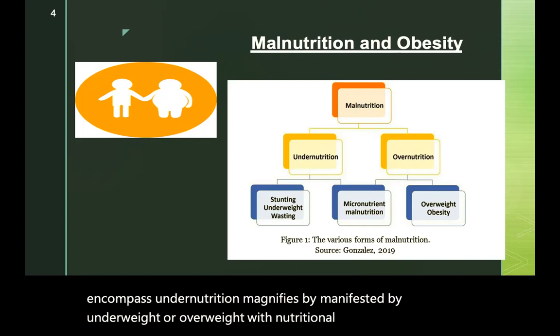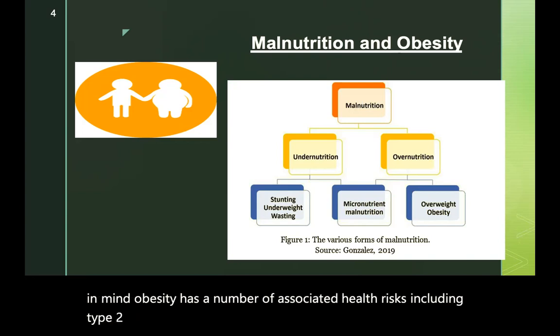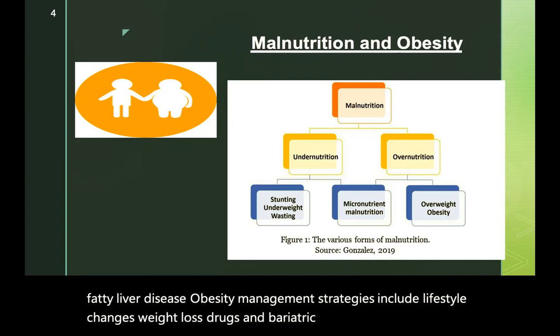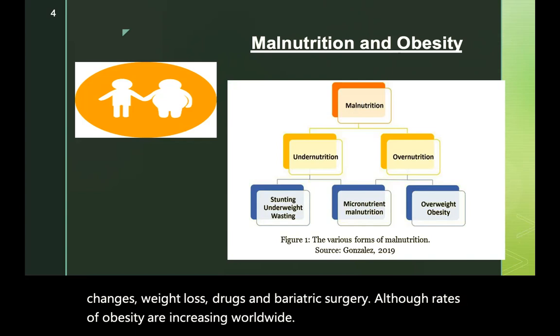Now, keep in mind, obesity has a number of associated health risks, including type 2 diabetes mellitus, metabolic syndrome, and non-alcoholic fatty liver disease. Obesity management strategies include lifestyle changes, weight loss drugs, and bariatric surgery. Although rates of obesity are increasing worldwide, some regions appear to have reached a plateau.